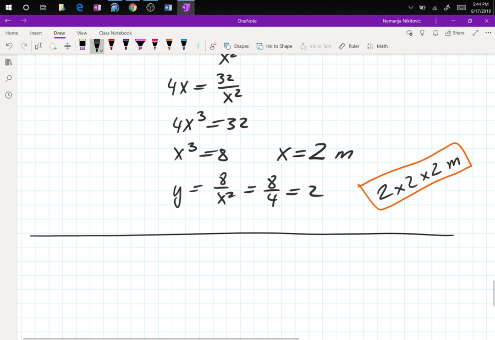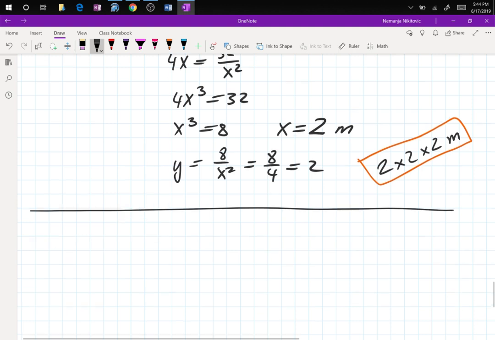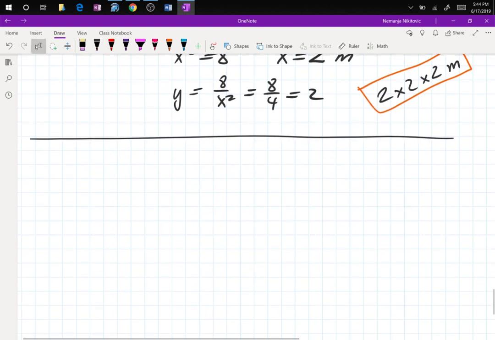Shipping crates. So how about we include some of the business decisions in this one to calculate the minimum cost to make a box for shipping. So shipping crates.